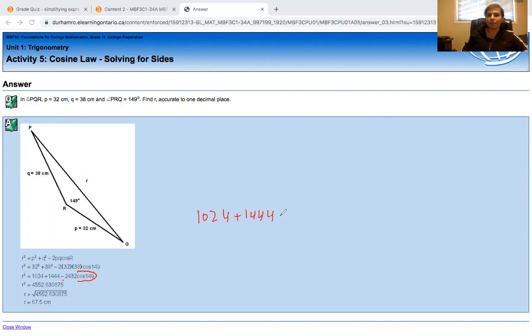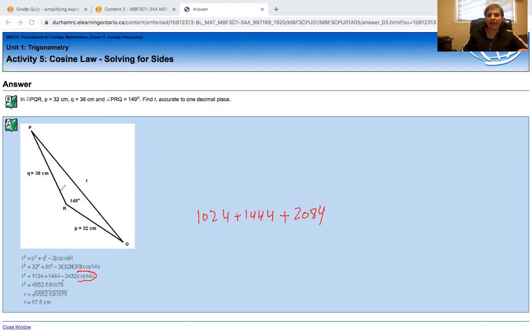And then it's going to be plus, because cosine 149 is going to be negative, 0.857 multiplied by 200, or negative 2,432, and that's going to give you a positive 2,084. Okay, so be careful.